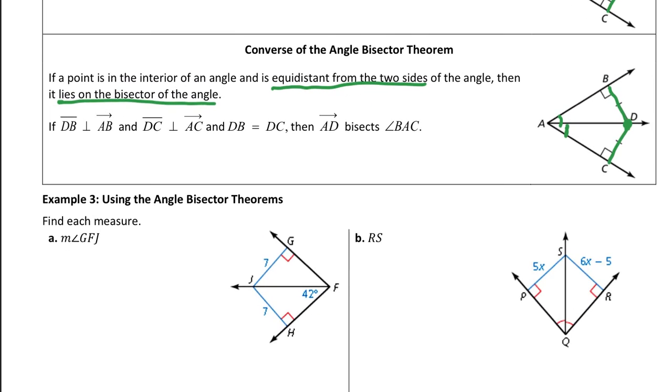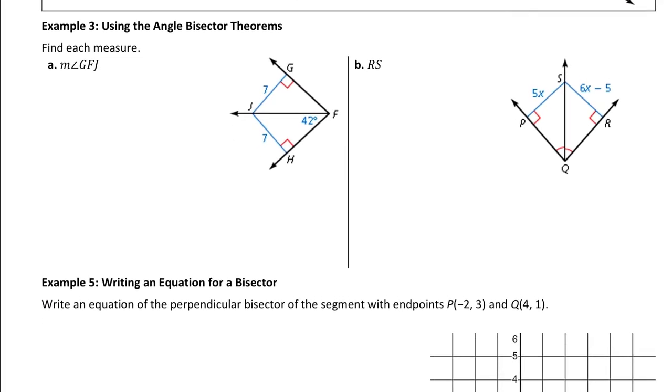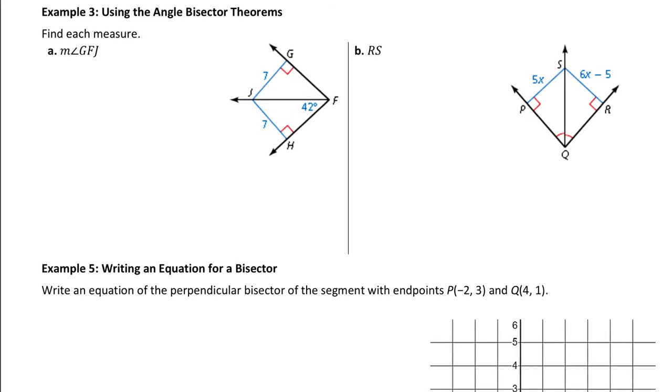So for example 3, we're going to use the angle bisector theorem to find some measures. We're going to find the measure of GFJ. GFJ is this part of the angle right here. Okay. So from this, point J is the same distance from this side as it is from this side.